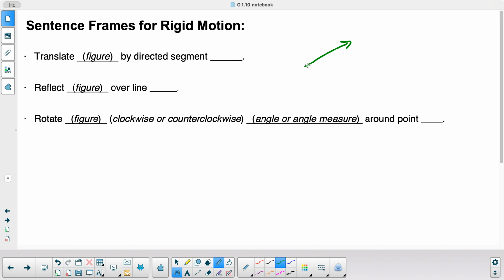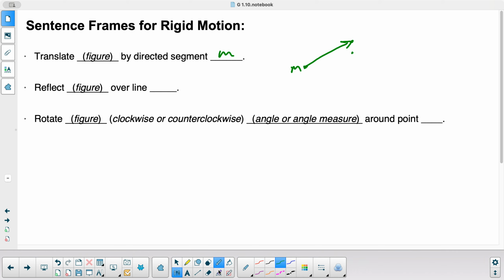So it's a segment going this way because you need direction. If this is B, and this is A where it ends, we'll call it directed line segment BA. Or they might just put a letter next to it instead of giving it points. They could say directed line segment M.